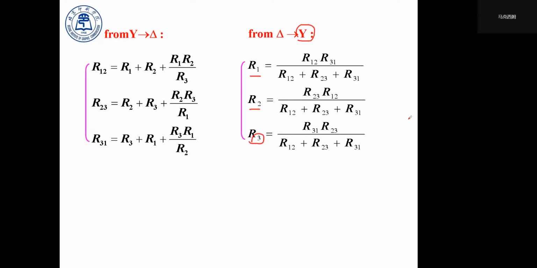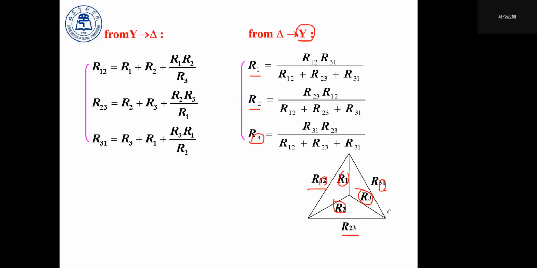That's it. We can draw those resistors in this network. So we have the inner three, R1, R2, R3, and the three remaining triangular side lines, each with the double-digit number as a subscript.